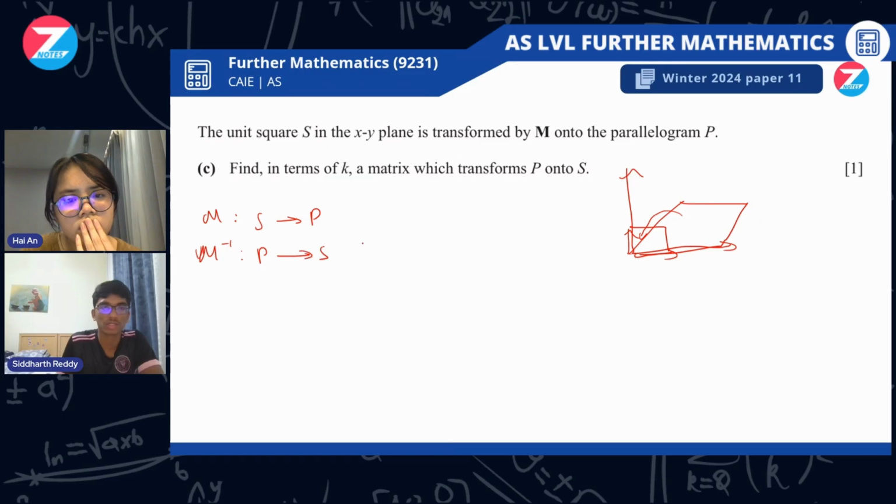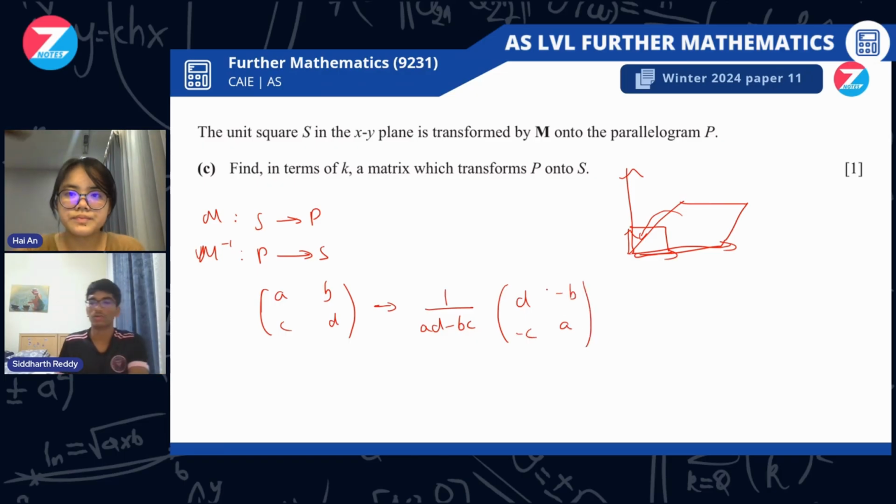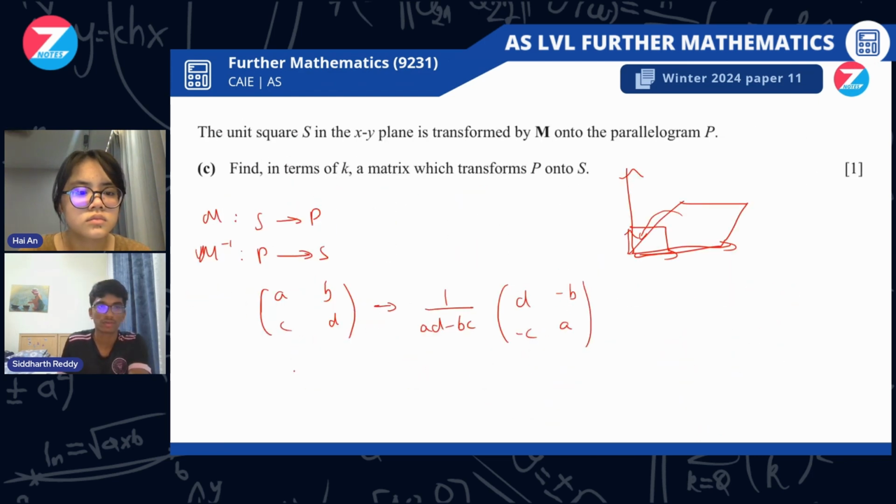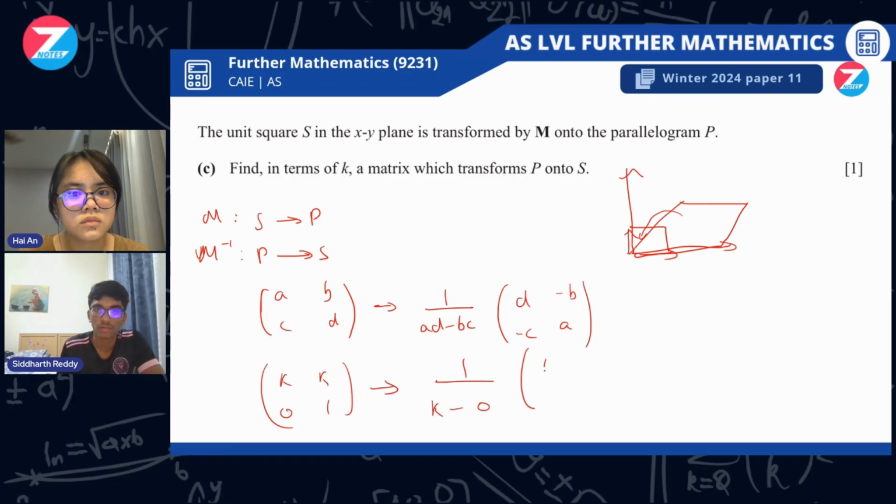P back onto S. The formula for the inverse matrix, given a matrix [a b; c d], is 1 over (ad minus bc) times [d, minus b; minus c, a]. Our matrix M was [k k; 0 1]. The inverse matrix will be 1 over (k times 1 minus k times 0, which is just k) times [1, minus k; 0, k].